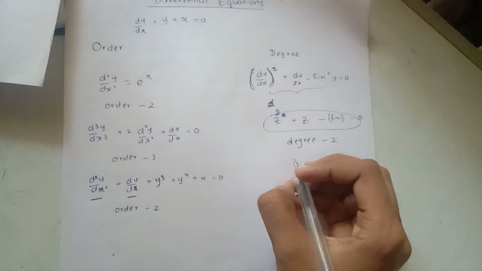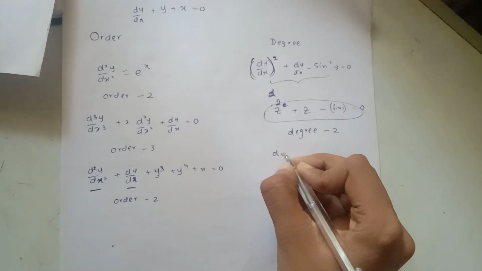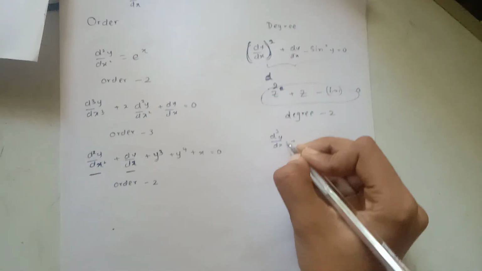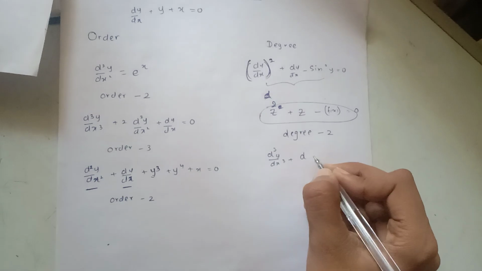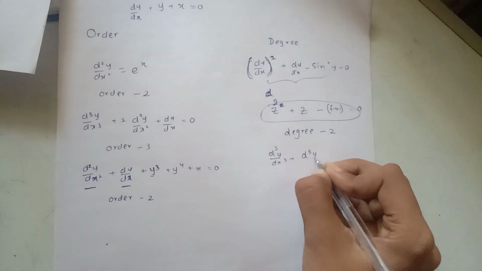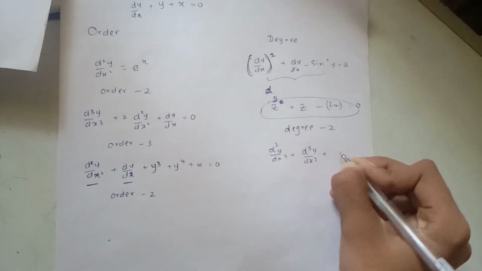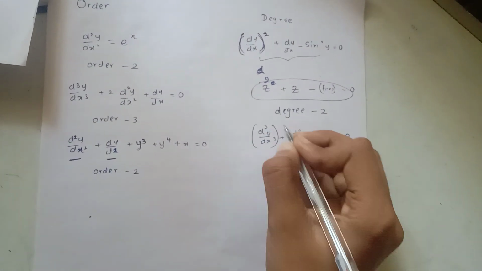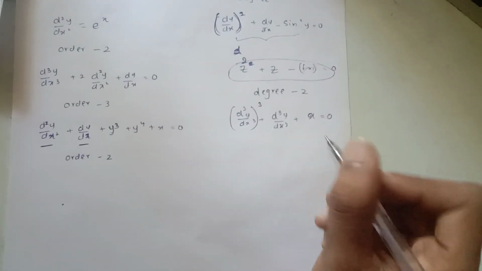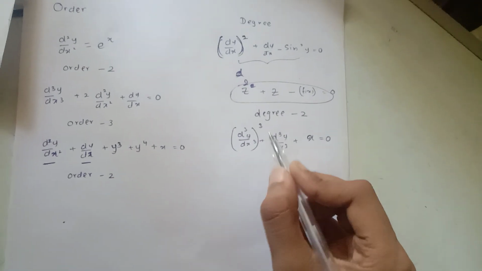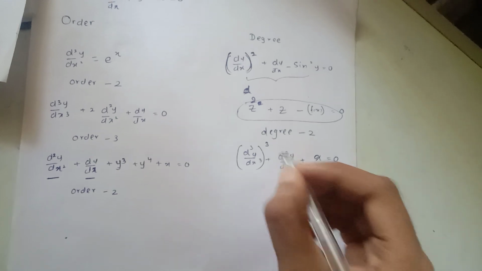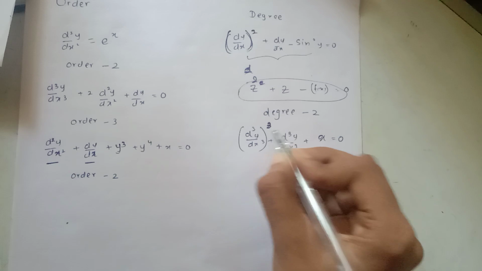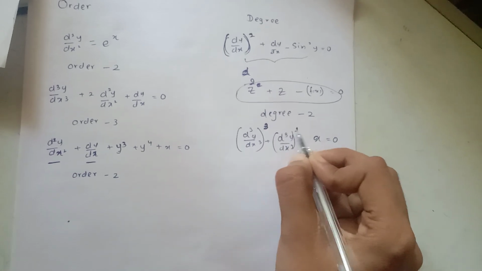Let's consider another example, if it is unclear in the previous example. There are derivative terms here, and it is in a polynomial form because this has a third power and this has a first power.